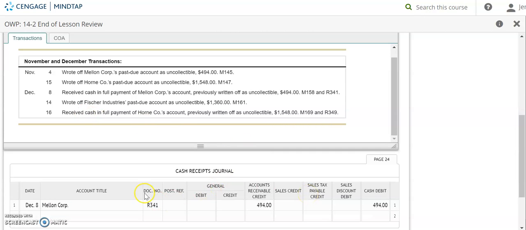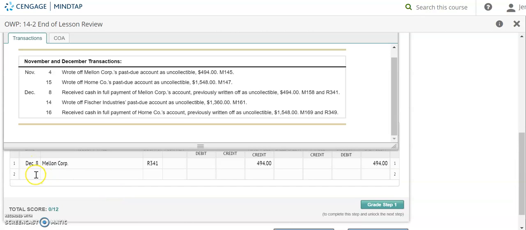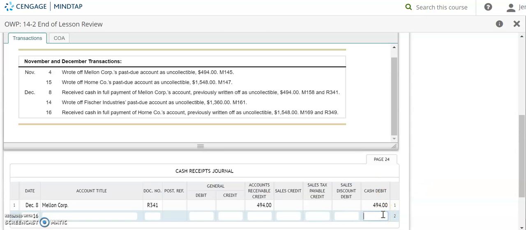Now that I've reopened that account, I'm going to record the cash that I received. So I'm going to go back down to my cash receipts journal. I'm going to put in my date of the 16th. Again, I'm going to go over to my cash debit first, and put in the debit of 1,548. And then I'm going to come over here and put in who I received that from, Horn Company. Receipt 349.